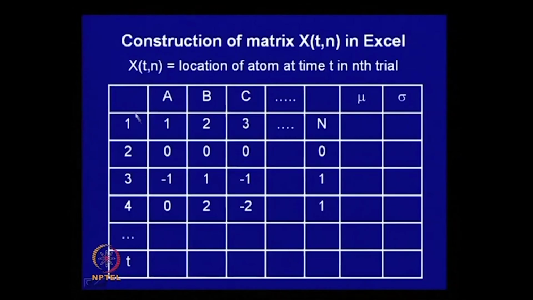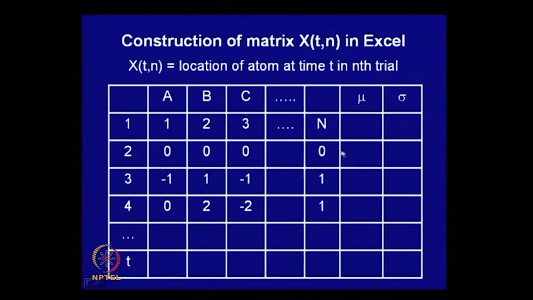Now, you can set up a spreadsheet like this. Construct a matrix X with two suffixes, t and n. t represents time, the time step, and n is the number of trials. We put the trials in columns A, B, C, and so on up to n, and we can number each time step as 1, 2 up to t.